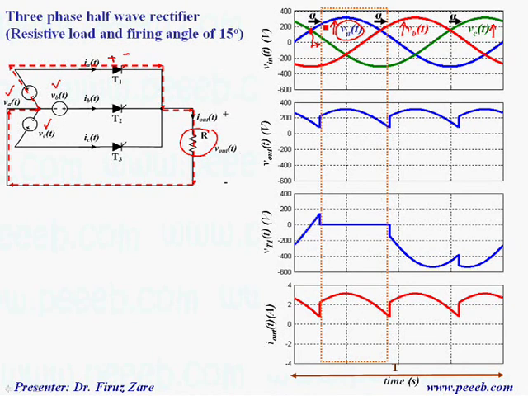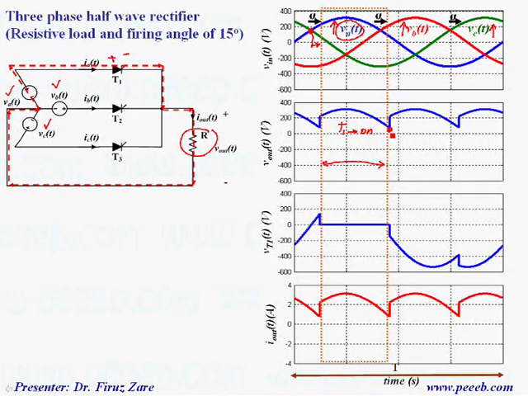So when we apply the gate signal just at this time, because the voltage across the first thyristor is positive, we turn on this thyristor. In this case, the voltage across the resistor is VA over this cycle. The point is that the thyristor is in the on state until this time.